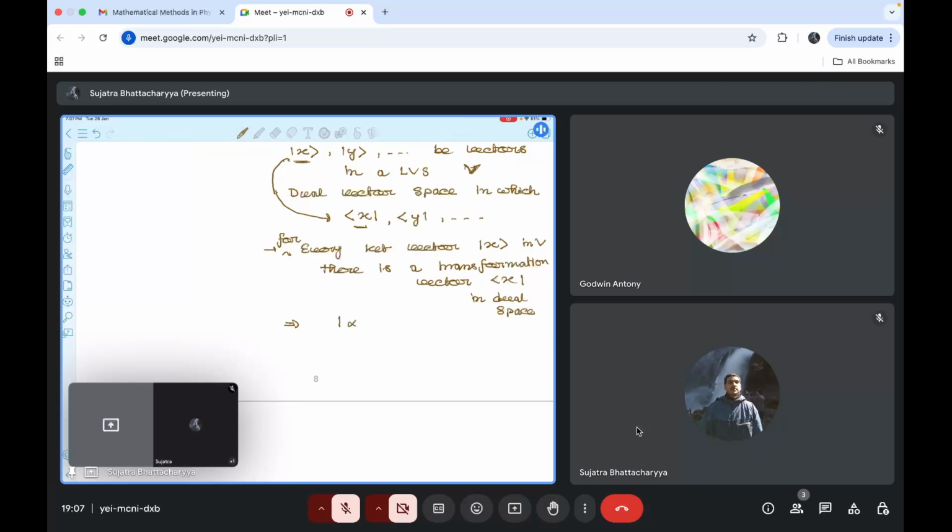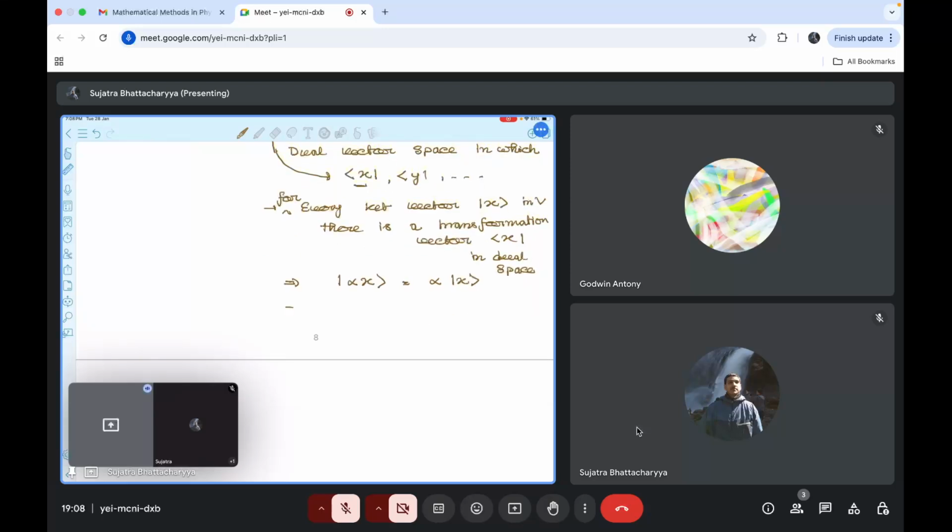So alpha times x, this is the vector. But if you write it in bra notation, alpha times x, the same thing, since it is a transformation, it becomes alpha star x. What is this alpha star? It is nothing but a complex conjugate.